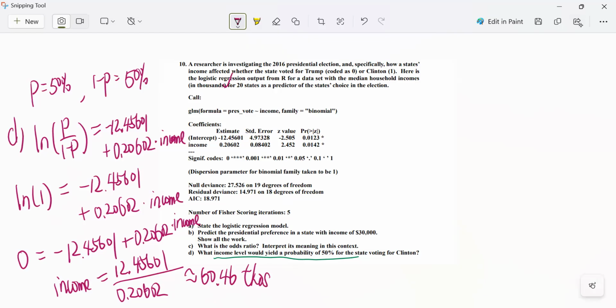So that means it's about 60,000. This is the income level that separates the two groups. Translating into the income level, it will be $60,460 and around 20 cents, right? But we're just going to keep it as a whole dollar, approximately equal to this. Above this income level, they prefer Clinton. Below this, they prefer Trump.